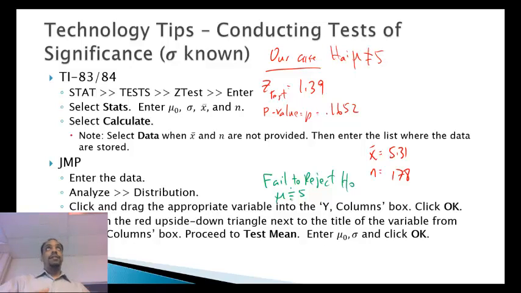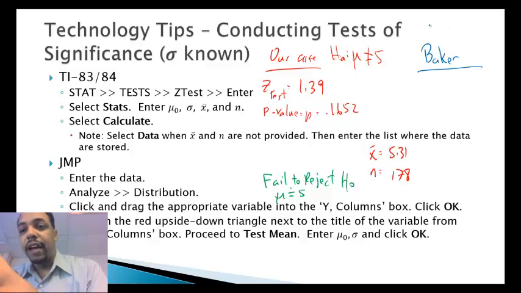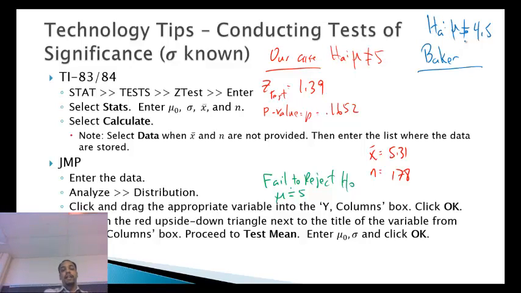Now, since I was so staunch on using that 4.5, let's go with Baker's example. We'll put that in blue since I'm sad. So say Baker. And in my case, I thought it was around 4.5. So then the alternative is mu not equal to 4.5.